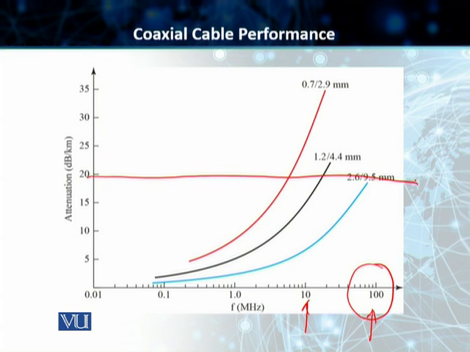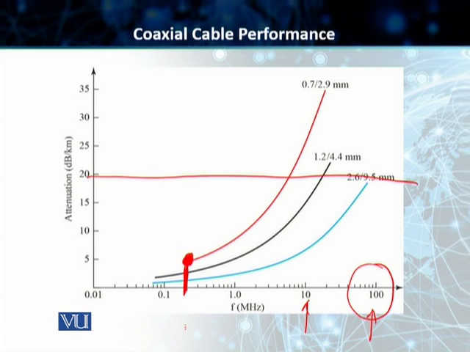In the case of coax, it's capable of carrying higher frequencies, but our attenuation levels are higher as well, and they are pretty exponential. So, for example, you can see that for this red cable, whatever RG standard that is, at a particular level of frequency, we have got an attenuation of approximately 5 dB per kilometer.